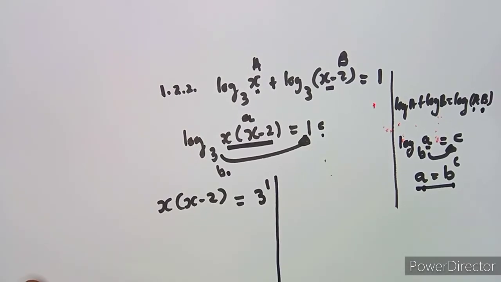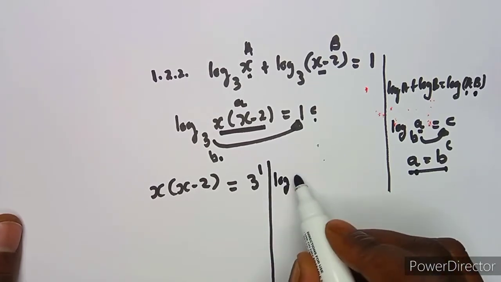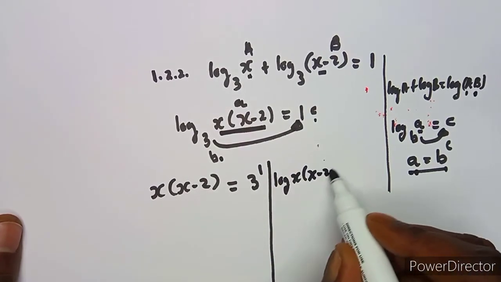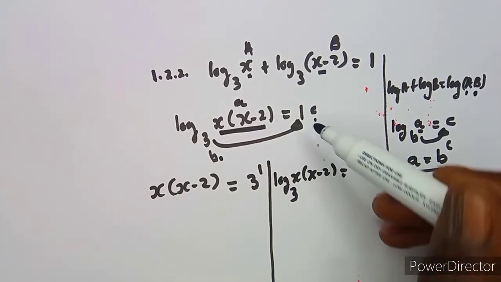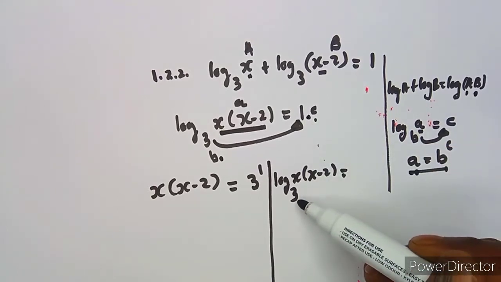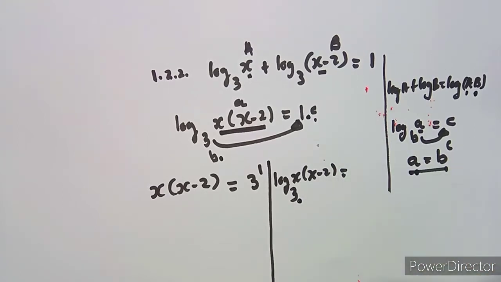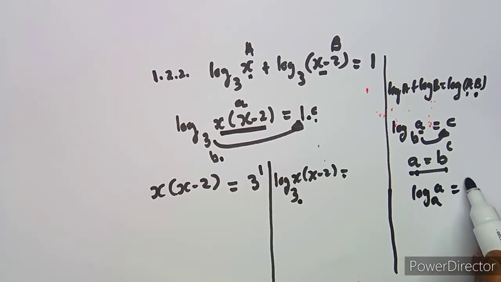Or what you could have done is this. Log x into x minus 2 in base 3 is equal to... you can change this one into a log because you are guided that you are in base 3. And remember from what I was saying before, that the logarithm of a in base a gives us 1.